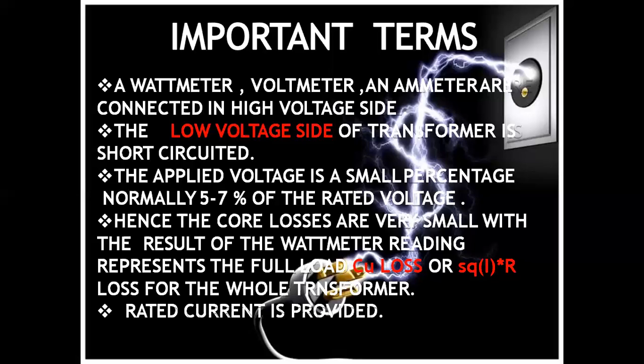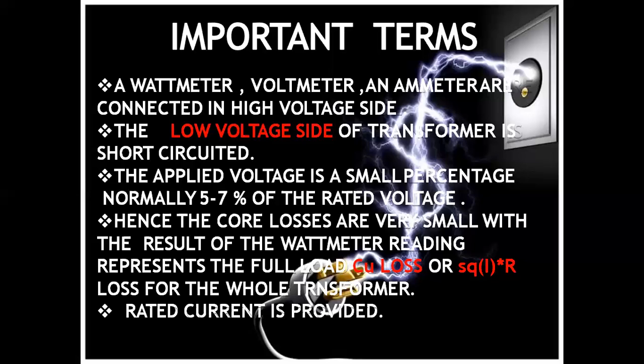So that is why the iron loss is negligible, as the test is performed at rated current. So what we obtain from the wattmeter is the total I square R loss of the transformer, known as the copper loss, or the full load copper loss of the transformer.